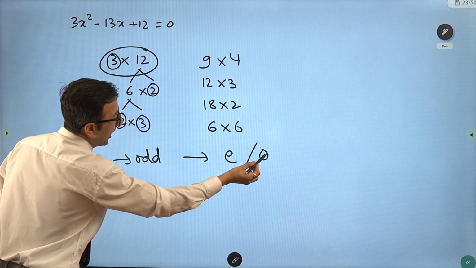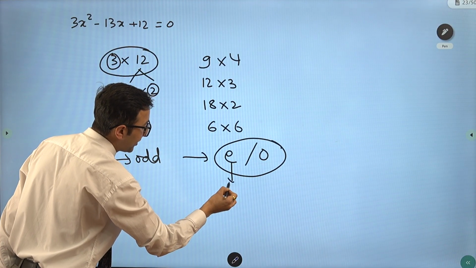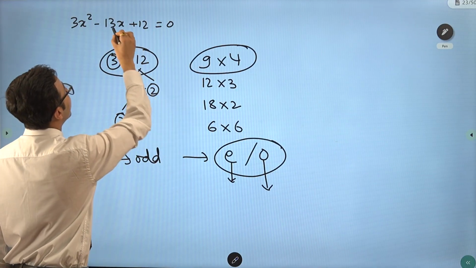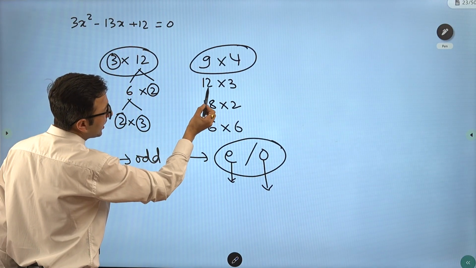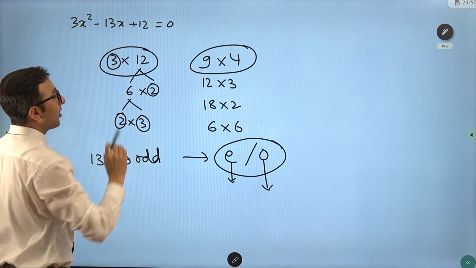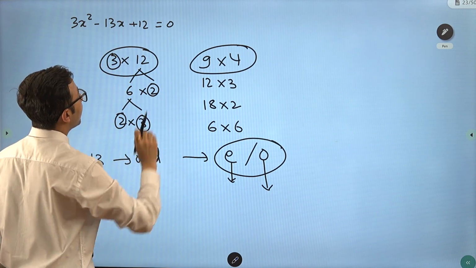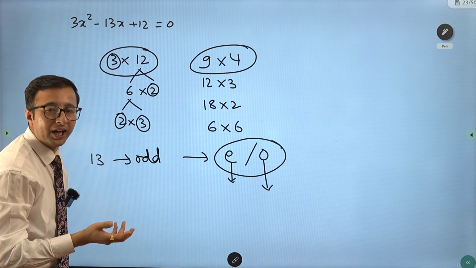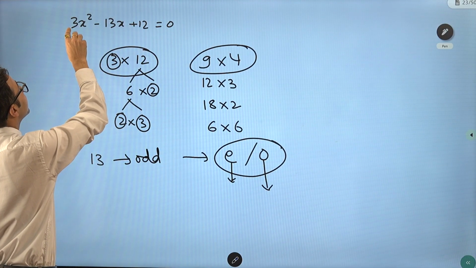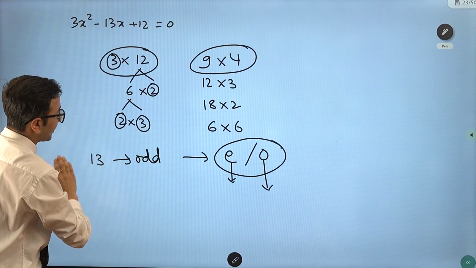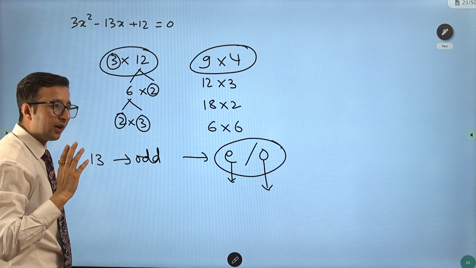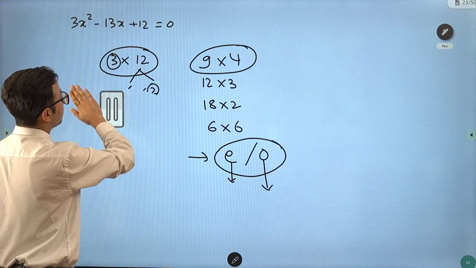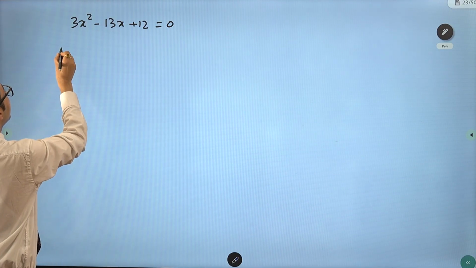So clearly I have taken one of the numbers as even and another as odd, 9 and 4. Here 9 plus 4 gives us 13. The other pair is also even and odd, but their sum is not giving us 13. That's why the possible pair to give the sum 13 is 9 and 4, and the product is the product of the coefficient of the first term and the last term. This is one of the ideas that can be used in middle term splitting to get the two factors. So here the factors are 9 and 4.